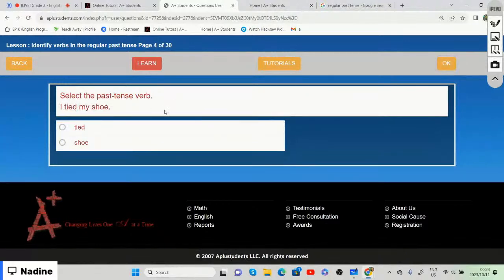So I tied my shoes. I tied my shoes. So we now need to select the regular past tense.